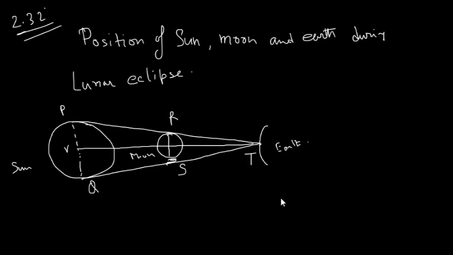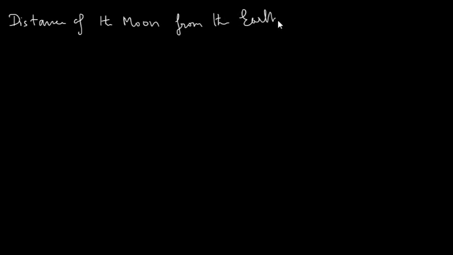Now let us understand the problem. So we can write, the distance of the moon from the earth is equal to 3.84 × 10^8 meter.